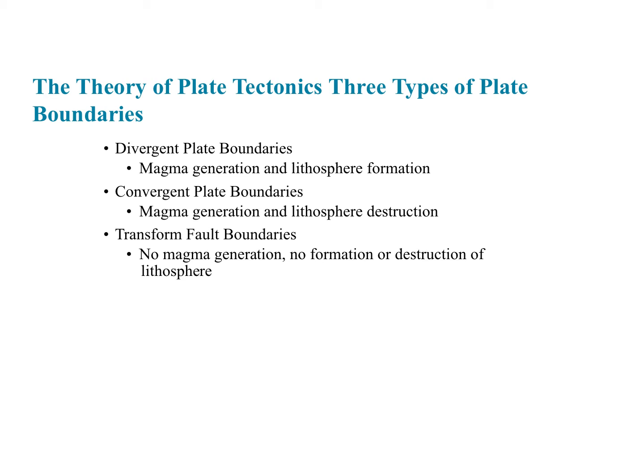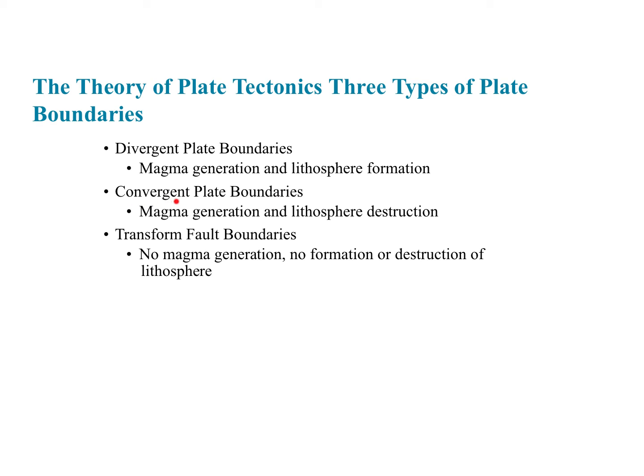Now, there are some different kinds of boundaries that exist among the tectonic plates. There are divergent, that means separating, spreading apart. They're diverging plate boundaries, and these kinds of boundaries have magma generation and lithosphere formation. Then there are what are called convergent plate boundaries.